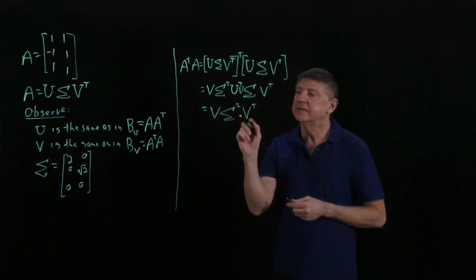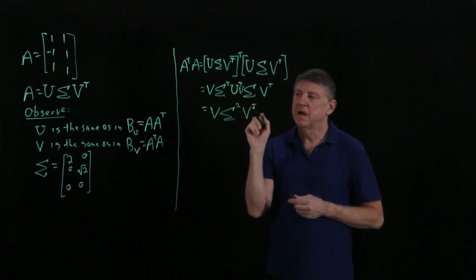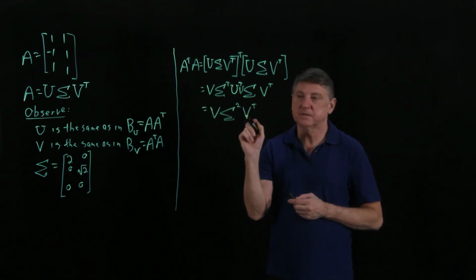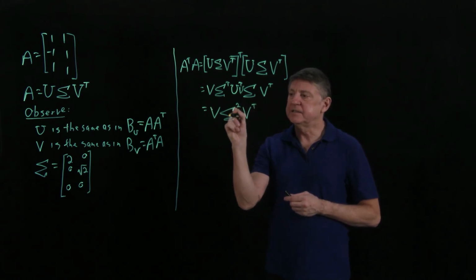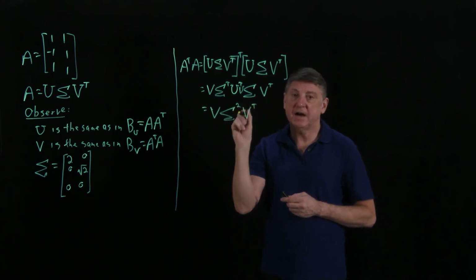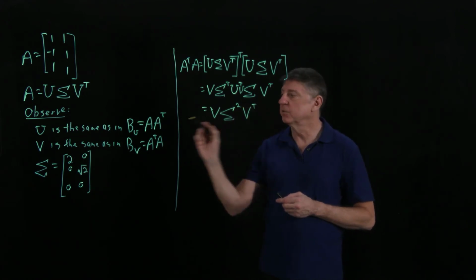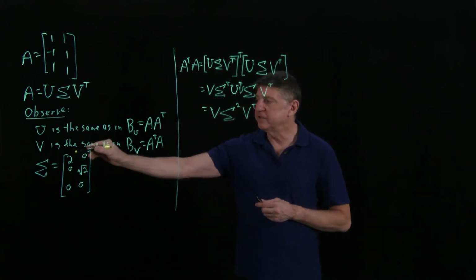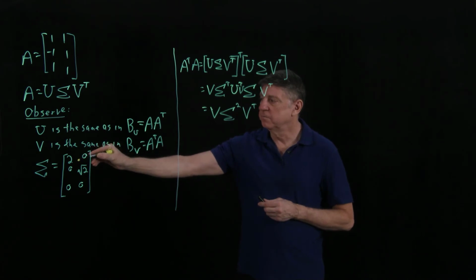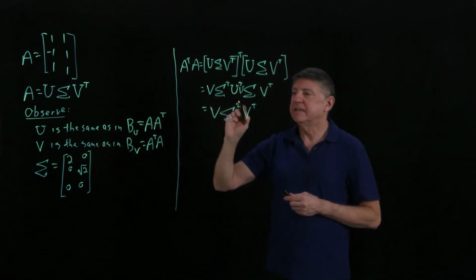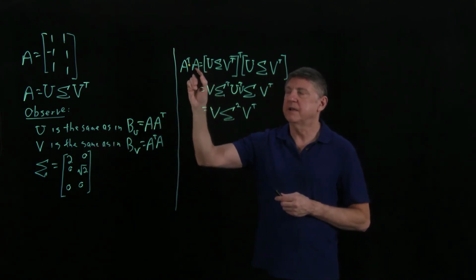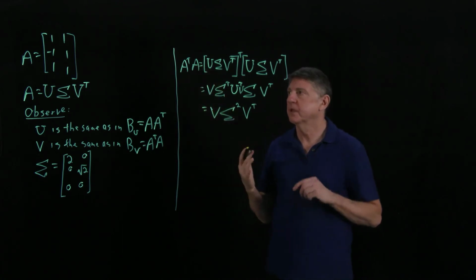That is the spectral decomposition of a symmetric matrix, and sigma squared is the eigenvalue matrix, and so the squares of the entries in the singular matrix are the eigenvalues of A transpose A.